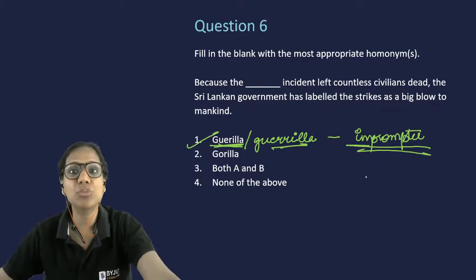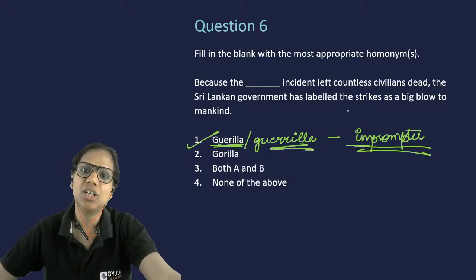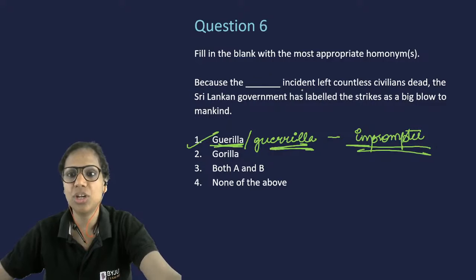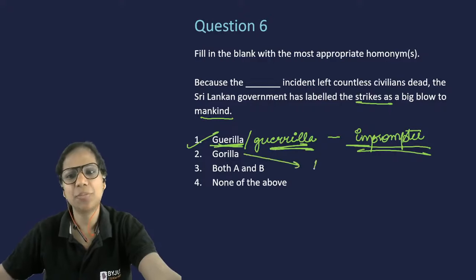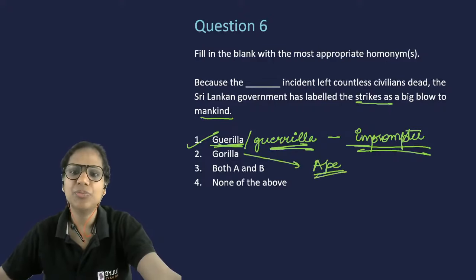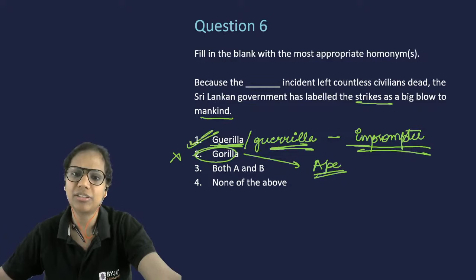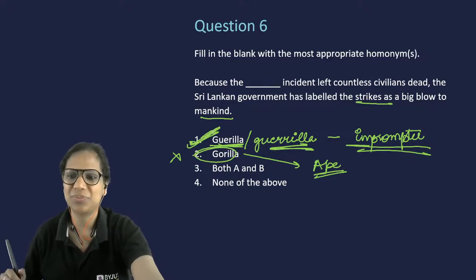So let's say you ambush your enemy, right? That's a guerrilla warfare tactic. So because of this guerrilla incident, the Sri Lankan government has labeled the strikes as a big blow to humankind. This is the ape gorilla, as we all know, right? We don't use this for warfare, for any disturbance.